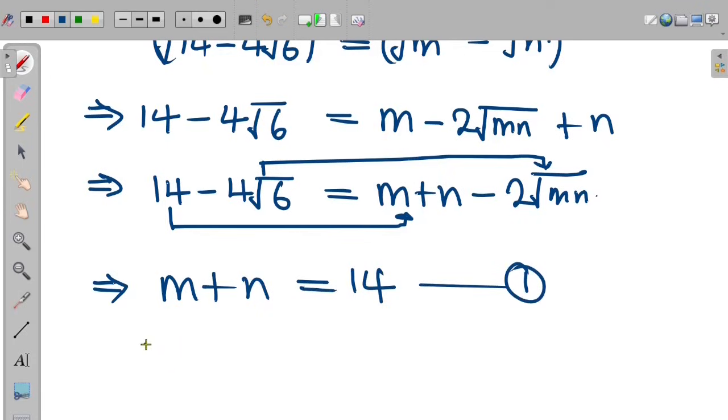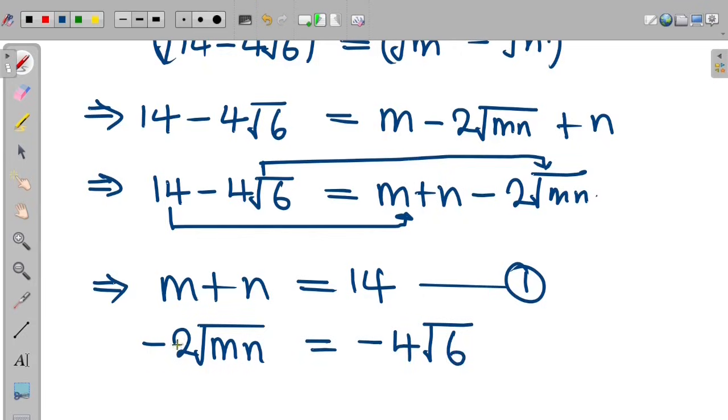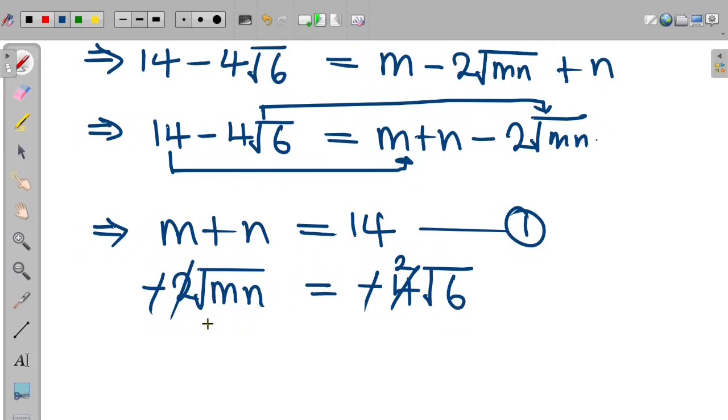And we have minus 2 multiplied by root mn equal to minus 4 multiplied by root 6. So minus here, we cancel that minus here. If 2 divides itself, we have 1. If 2 goes into 4, we are left with 2. So therefore, we have root mn is equal to 2 root 6.